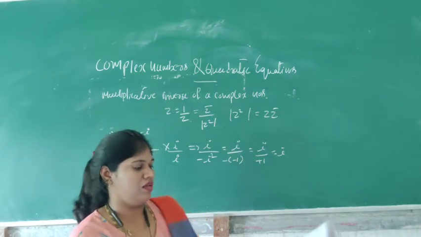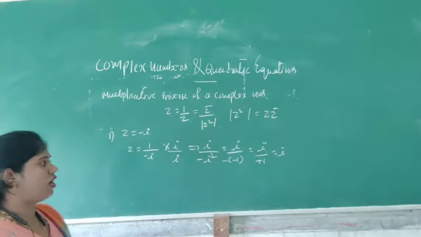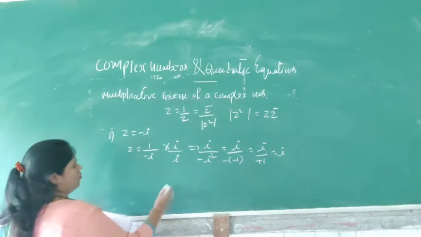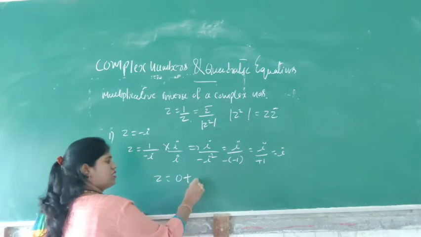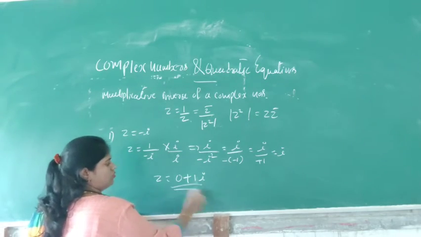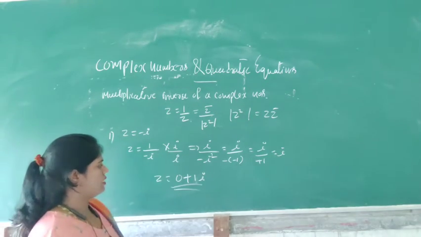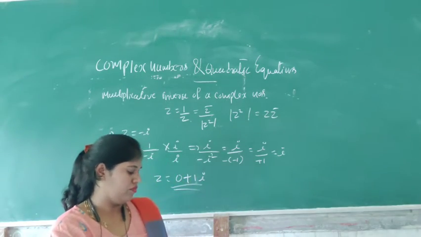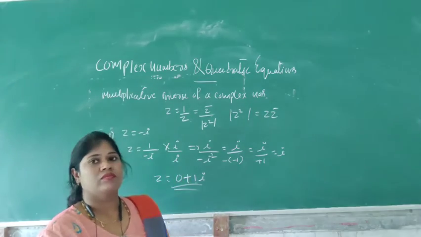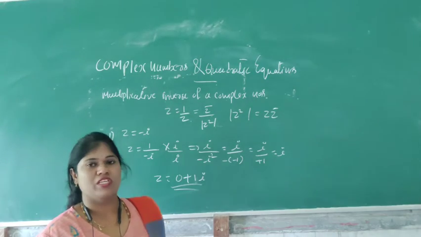So what is the a plus ib form? z is equal to 0 plus 1i. It is also coming in examination for 1 mark.